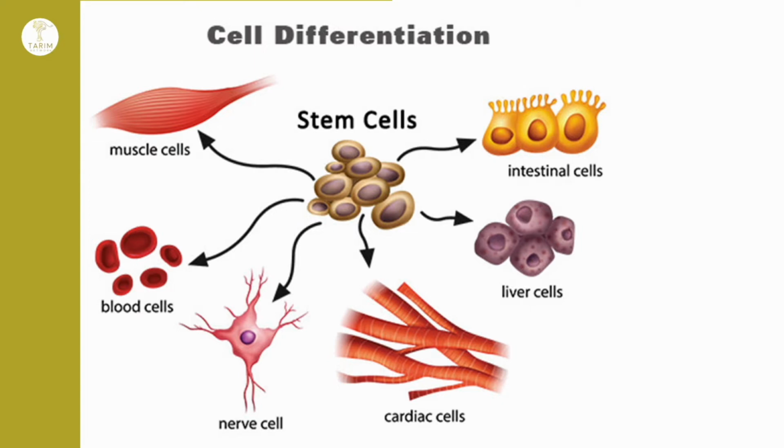And our body needs to have those different cell types in order to function properly and in order to conduct certain physiological functions. And all these different cell types are originating from stem cells.